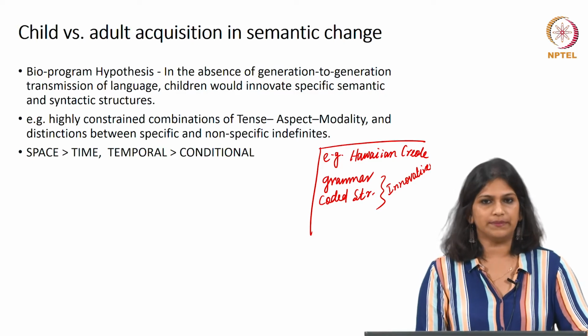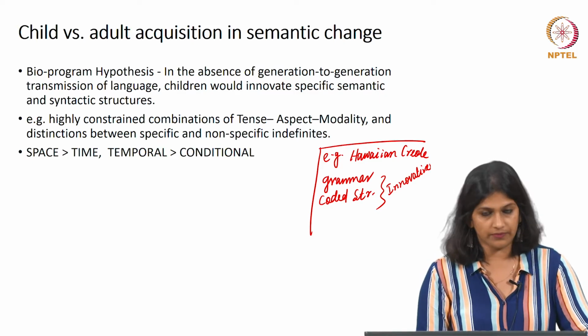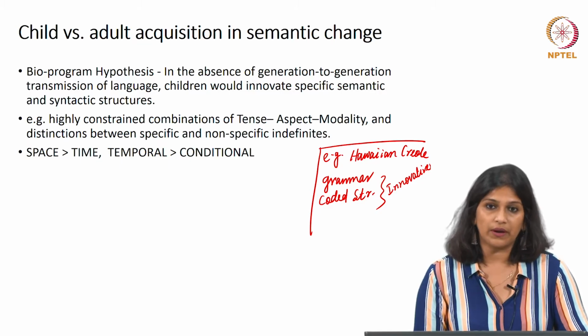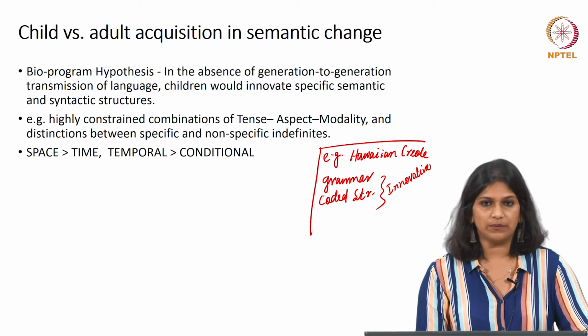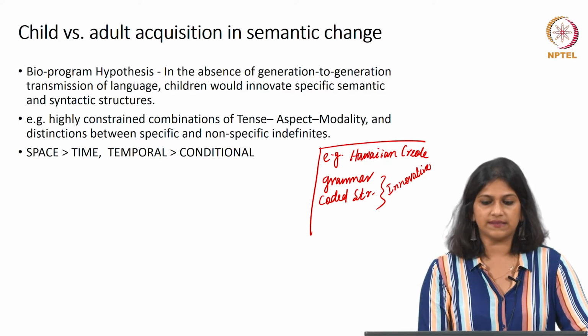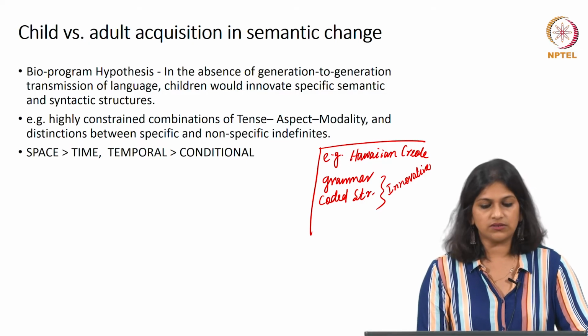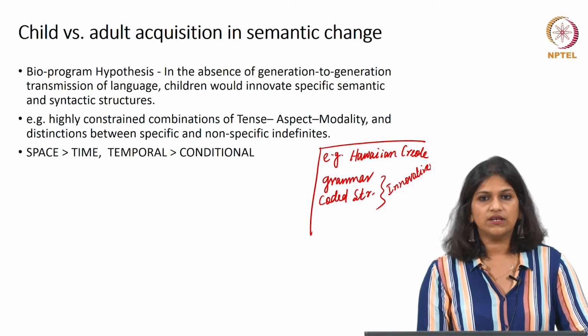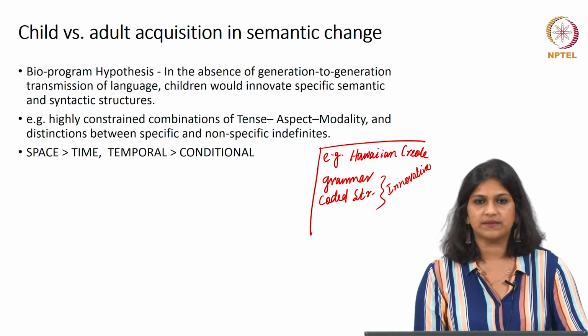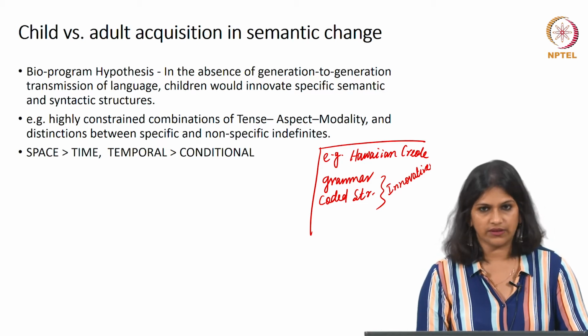As a result, we got to know that there is a bioprogram hypothesis which helps us understand semantic change. Following the bioprogram hypothesis, we can say that in the absence of generation to generation transmission of language, children would innovate specific semantic and syntactic structures, right.